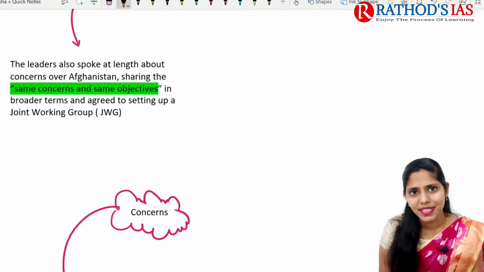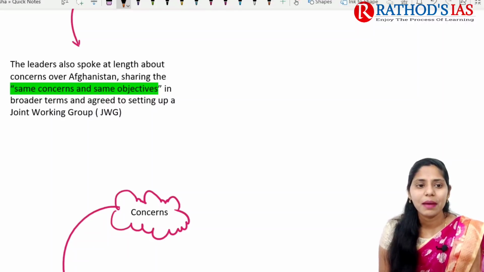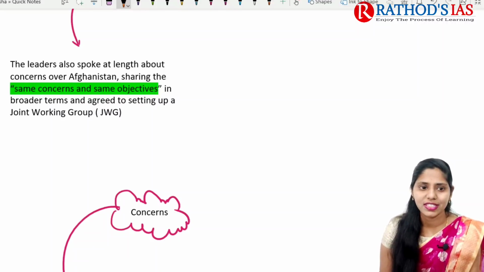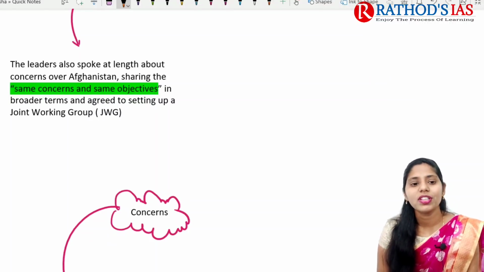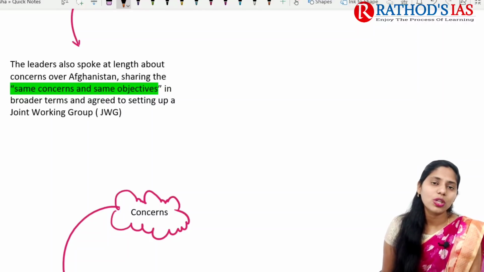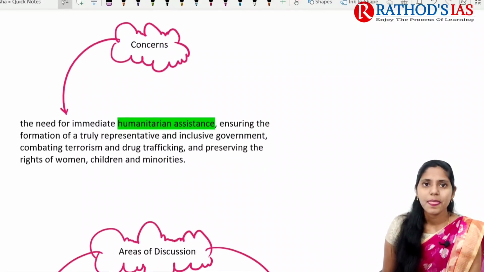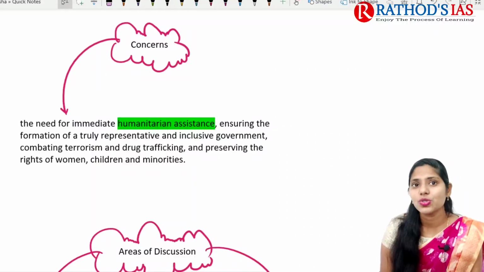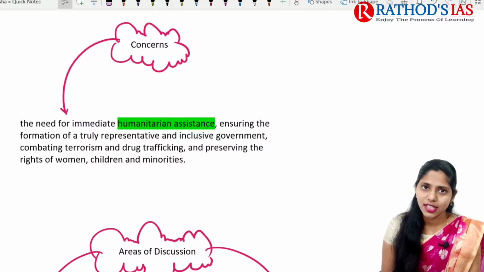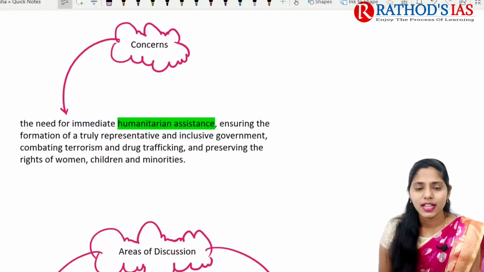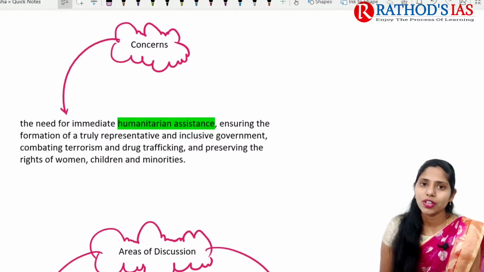Leaders also spoke about their concerns over Afghanistan and the objectives regarding border terms, etc. They want to come up with a joint working group to deal with these issues of Afghanistan. Another concern is the need for humanitarian assistance, because Afghanistan is facing a severe economic crisis, and people are leaving their border in search of jobs.